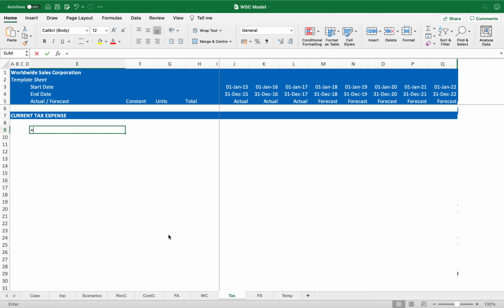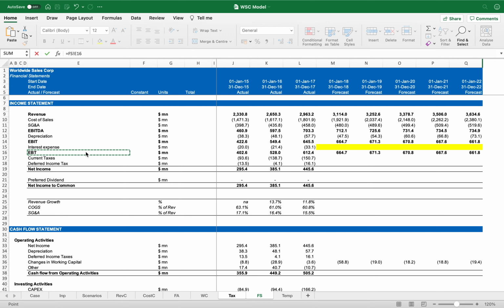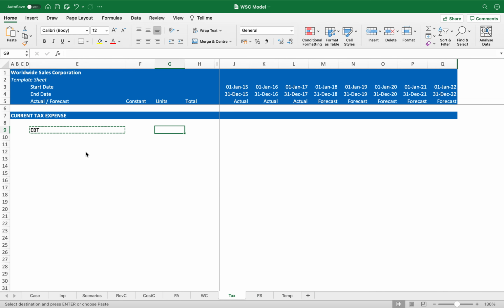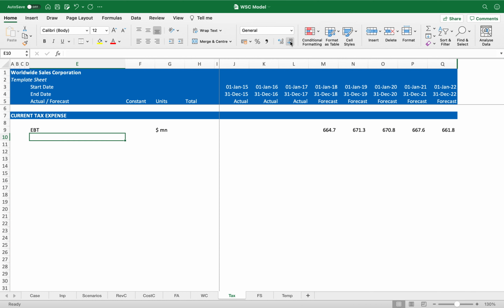Now let's bring in from the financial statements your EBT, earnings before tax. And we know that for taxation purposes, I have a $40 million difference, right? So the income for taxation purposes is $40 million lower than the income for accounting purposes. So what is the pre-tax income from an accounting perspective?